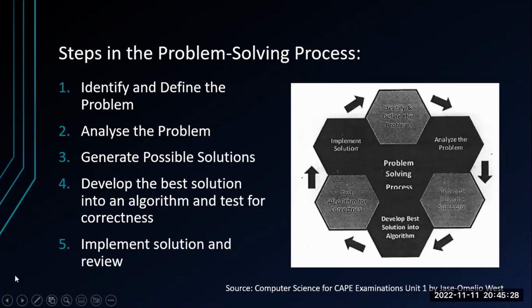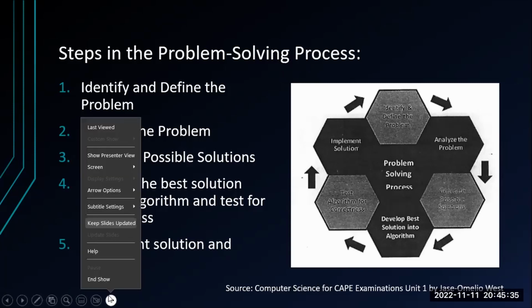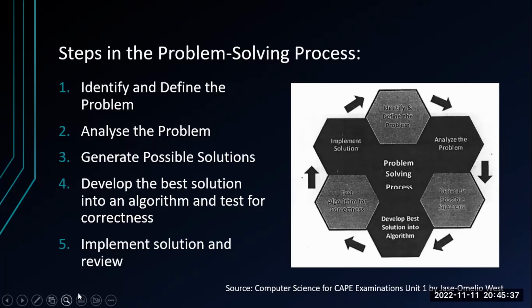Then the next step is to analyze the problem. The third step is to generate possible solutions. The next steps will be to develop the best solution into an algorithm and test that algorithm for correctness. And then the final step would be to implement the solution and review it.